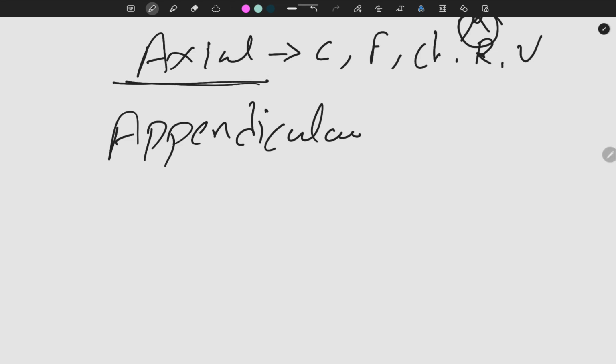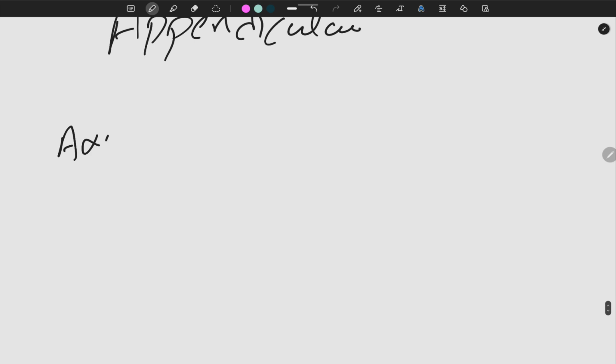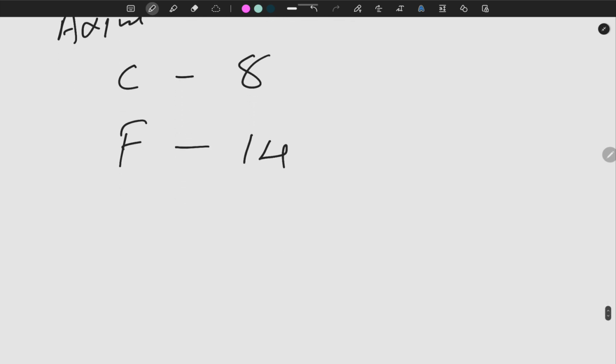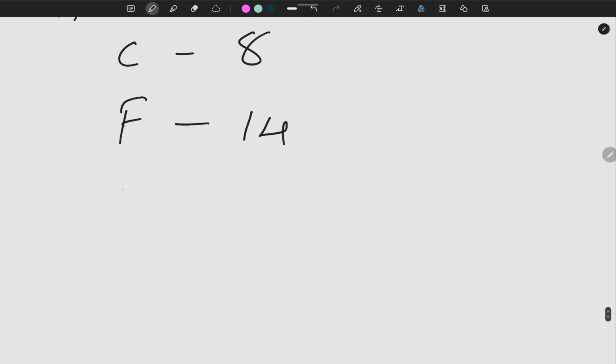In the axial skeleton we have cranial bones and facial bones. How many cranial bones are present? There are 8 cranial bones, and facial bones are 14. The next one is the hyoid bone, that is 1, and the auditory ossicles.